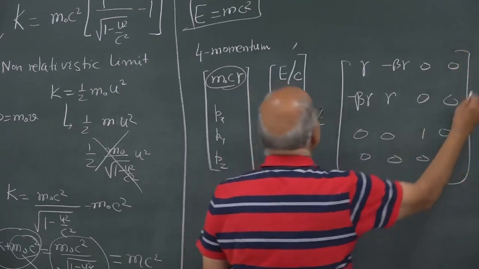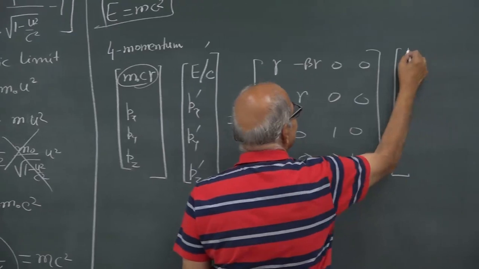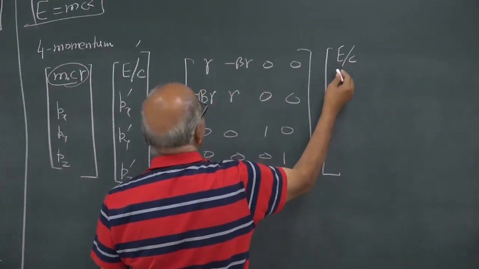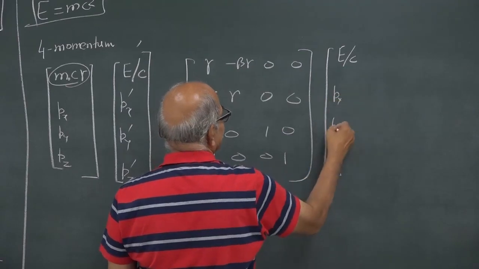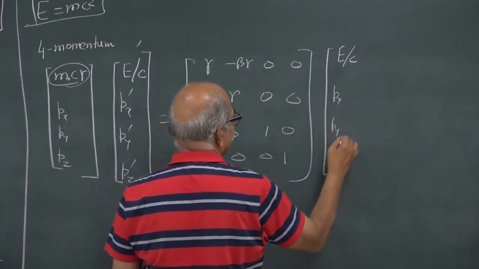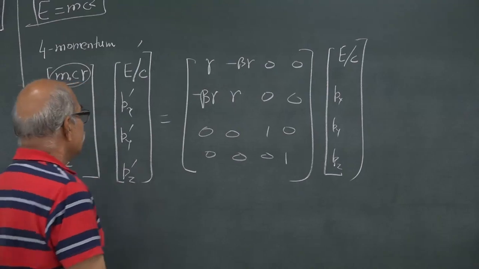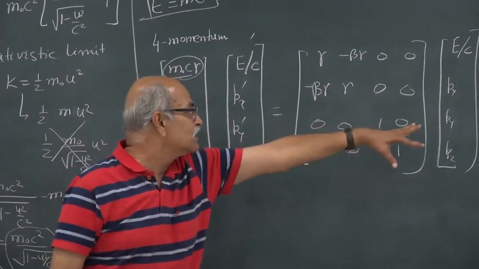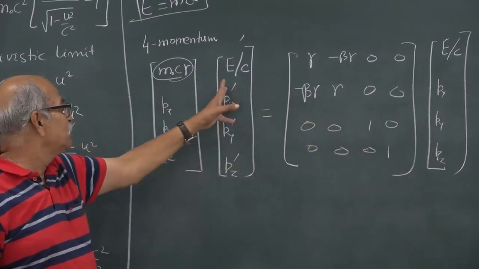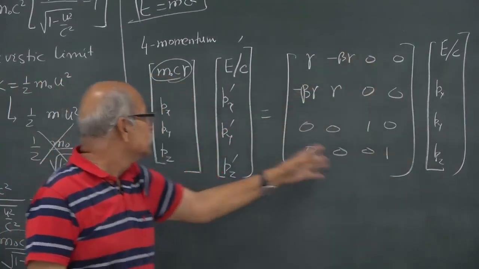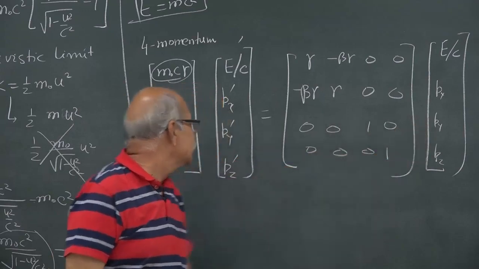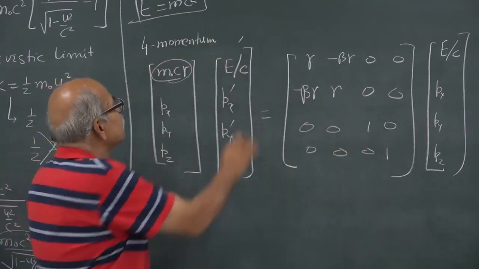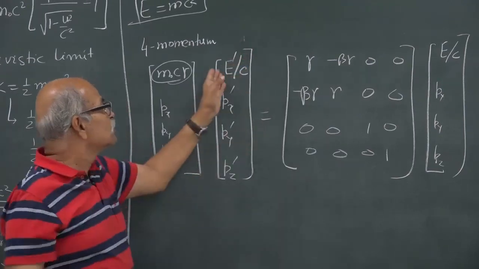In the S frame the total energy is E, so E by c here, and then Px, Py, Pz. This is how they will transform. If your frame is moving along the x axis, you know how to write Px prime in terms of these; Py prime will be equal to Py, Pz prime will be equal to Pz, and you know how to write E prime in terms of these.